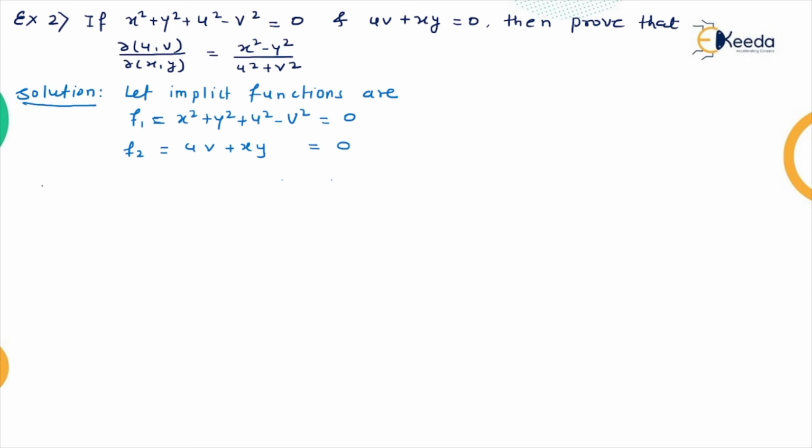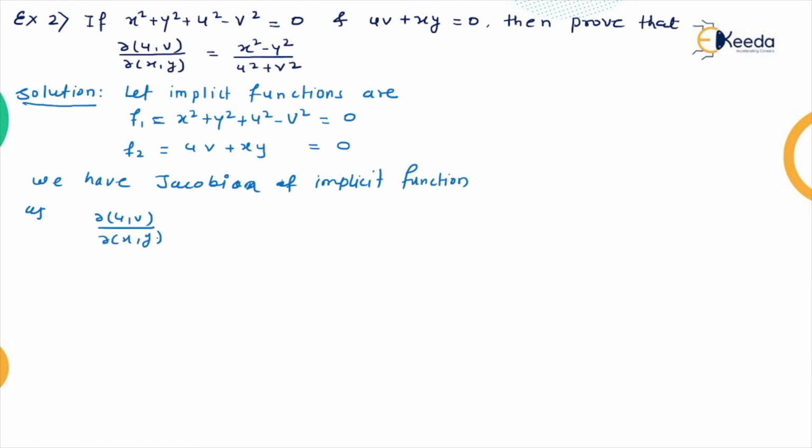You know very well the Jacobian of implicit function is given as: the Jacobian of u, v with respect to x, y equals minus 1 whole square, in bracket, the Jacobian of f1, f2 with respect to x, y divided by the Jacobian of f1, f2 with respect to u, v.